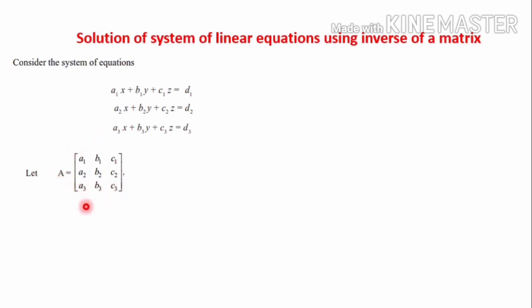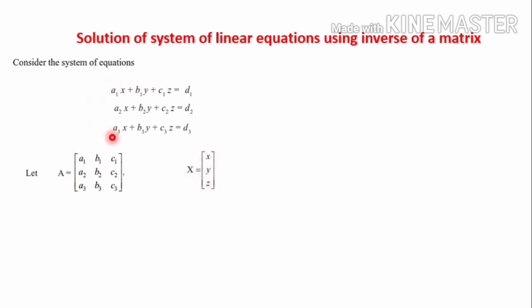That means this A is called the coefficient matrix because A is obtained by collecting the coefficients of x, y and z in the given system of equations. Next, X is x, y, z.